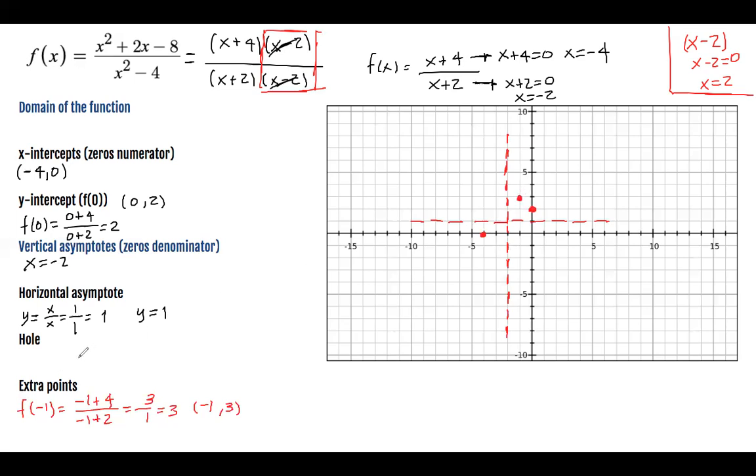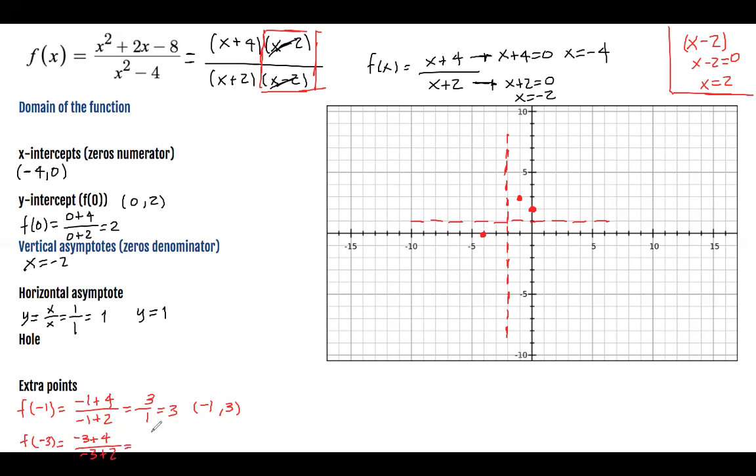If you want more, you can use as many as you want. And let's have another one on the left side, to the left of the vertical asymptote. So let's use -3, which is the closest integer we have to our vertical asymptote. So let's substitute that into the simplified version. So we're going to have -3 plus 4 divided by -3 plus 2.